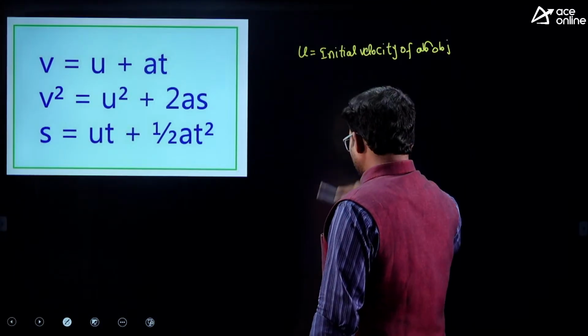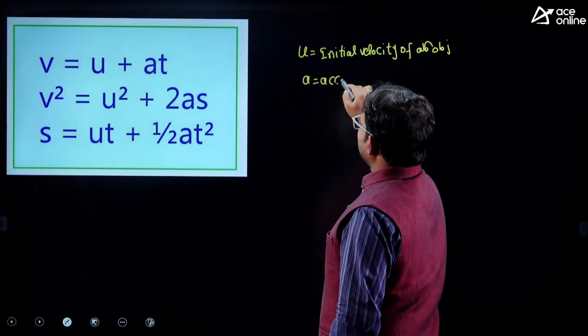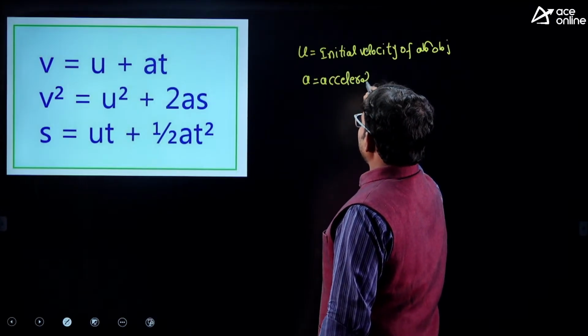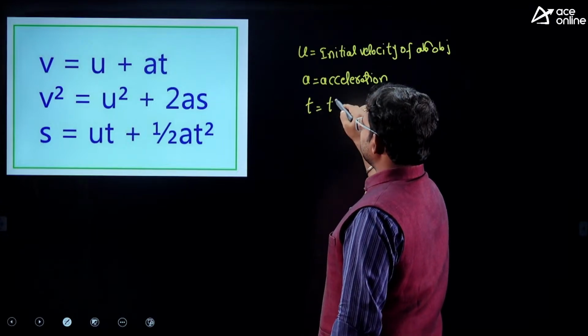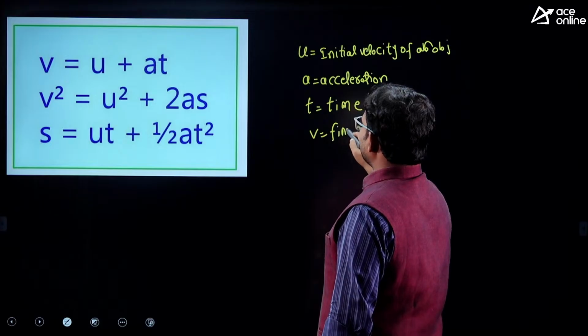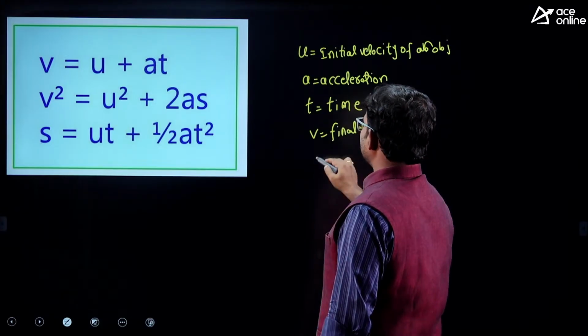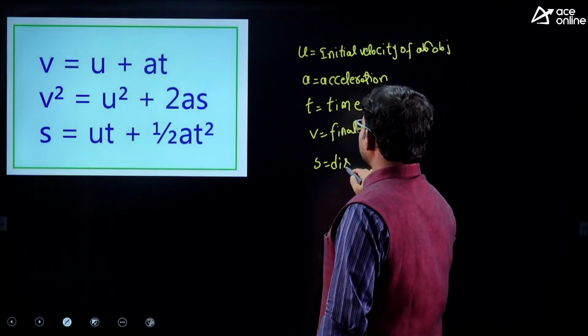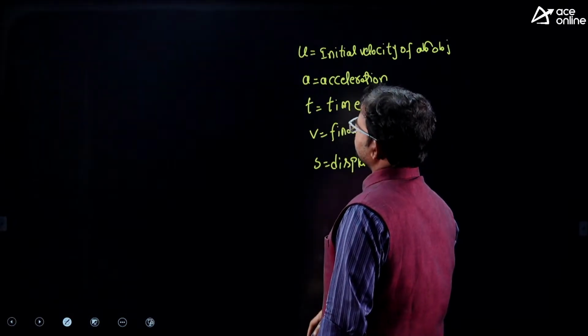A is equal to acceleration. T is equal to time. V is equal to final velocity. S is equal to displacement. So these are the terms mentioned in the laws of motion.